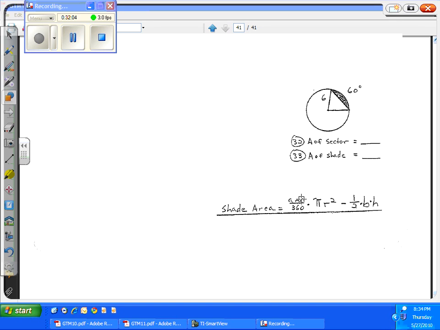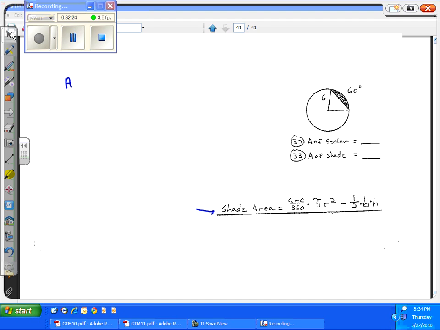The area of the sector is arc over 360 times pi times radius squared. Take away the area of the triangle, which is 1/2 base times height. Okay? So, we're going to start plugging into this formula.